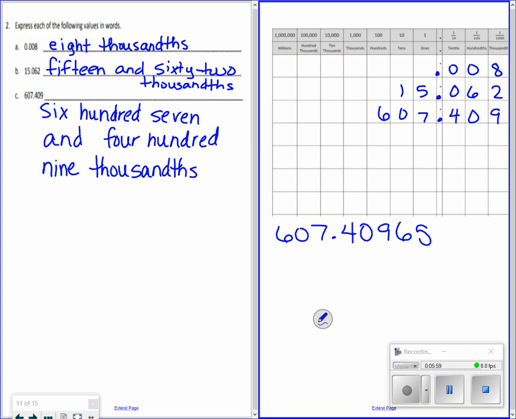It gets more difficult the farther back. So after a while, I stop saying it and I go 607.40965. I stop because it gets extremely difficult to say it back there. Decimals and numbers go forever that way and forever that way.